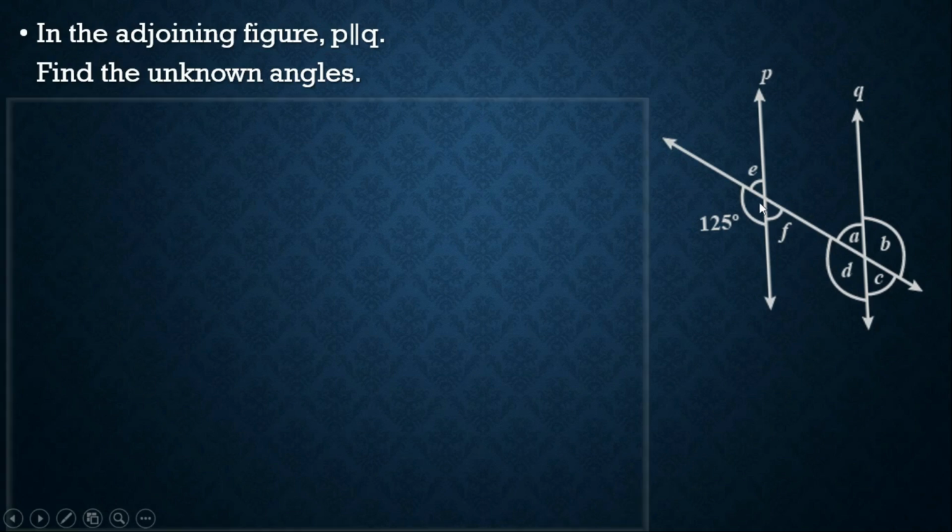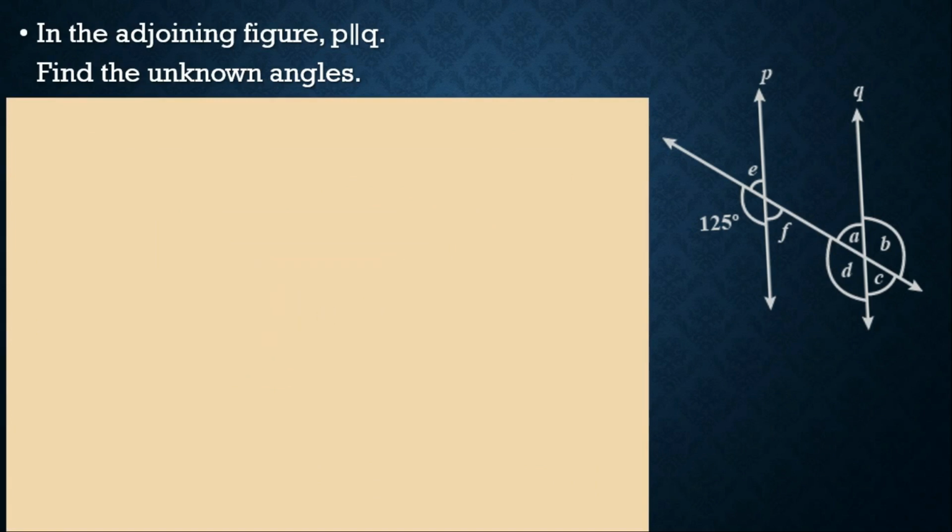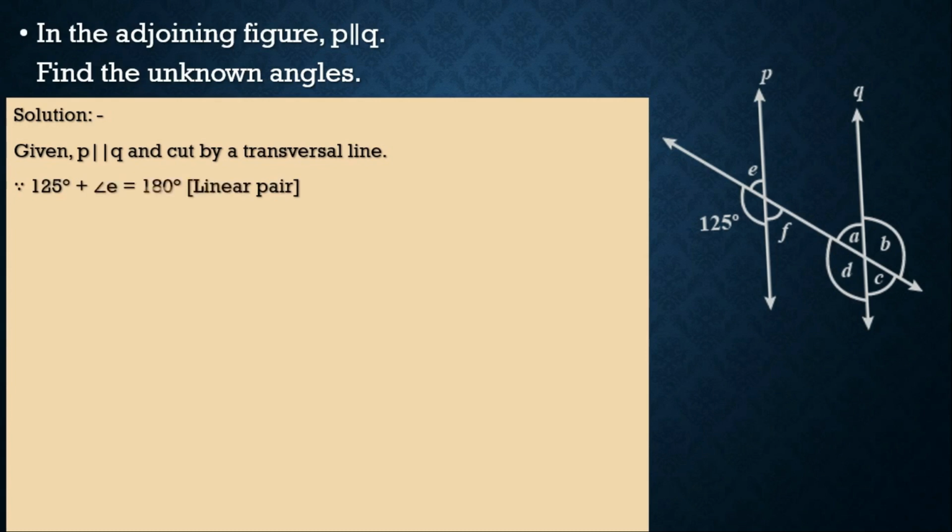So we will solve the problem. Given P is parallel to Q and cut by a transversal. Now, 125 degrees plus angle E is equal to 180 degrees, because of linear pair.